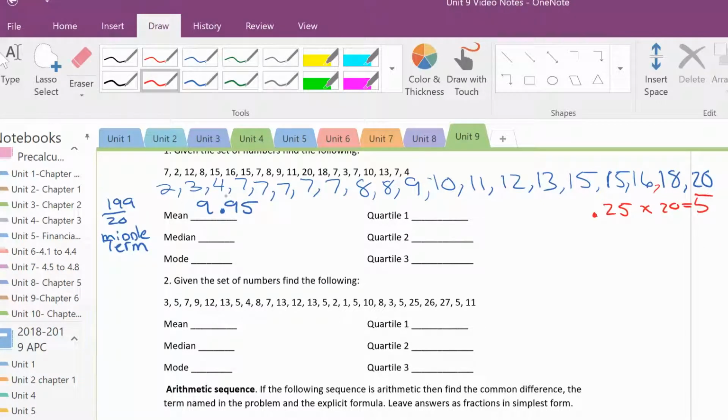So here's the first quarter, here's the second quarter, here's the third quarter, and then the fourth. The median would be the average of the two in the middle, between the second and third quarter. So here the median would be 8 plus 9 divided by 2, which is 8.5.